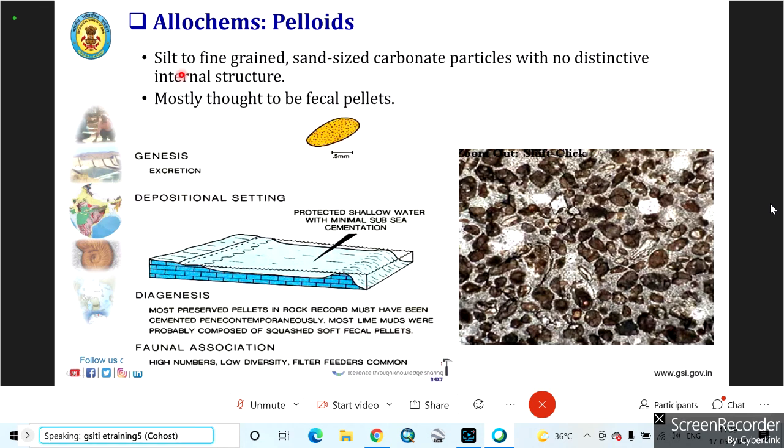The size of peloids is silt to fine sand size carbonate particles with no distinctive internal structure. They are formed by the process of excretion in protected shallow water with minimal subsea cementation. So an abundance of peloids indicates a high number of faunal associations with low diversity, and all those faunal associations are of filter feeders.